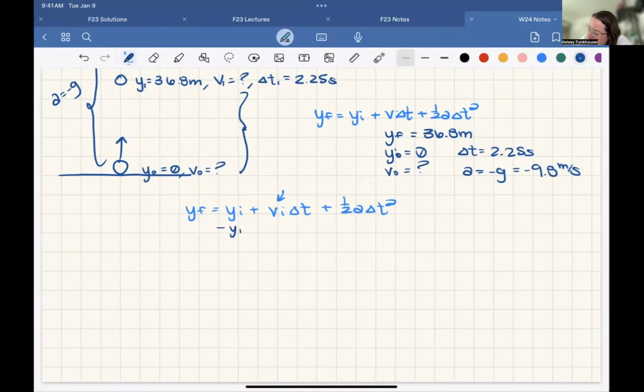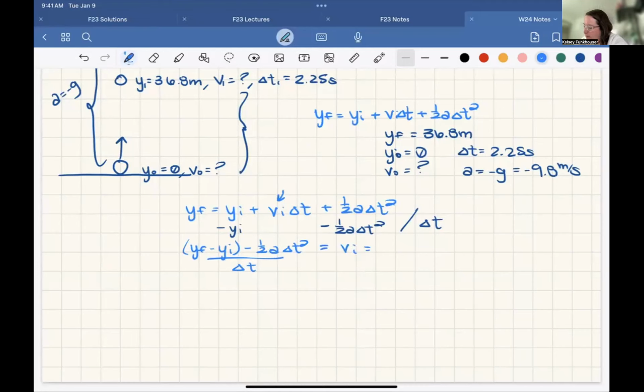So we'll subtract y initial from both sides, subtract 1/2 a delta t squared from both sides, and then divide everything by delta t. That will get us v initial by itself. So y final minus y initial minus 1/2 a delta t squared, whole thing divided by delta t, equals the initial velocity.